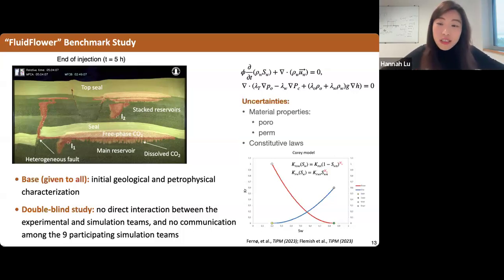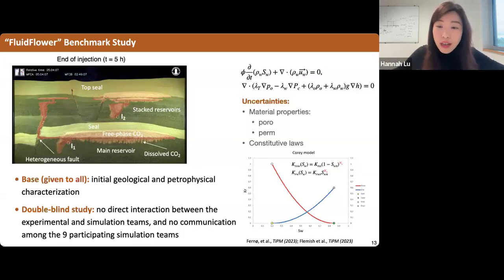So the simulation teams are starting with about the same equation, the multi-phase flow we're talking about. But there are many uncertain parameters in this system. It has to be estimated by the simulation teams independently, especially the constitutive laws here for the relative permeability.